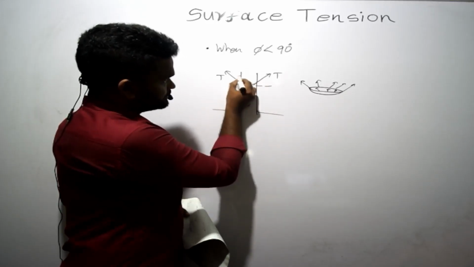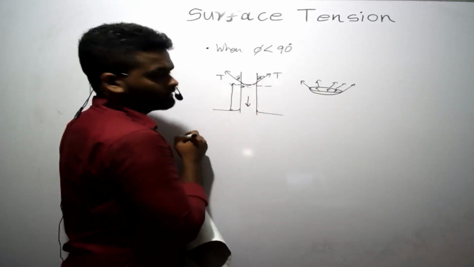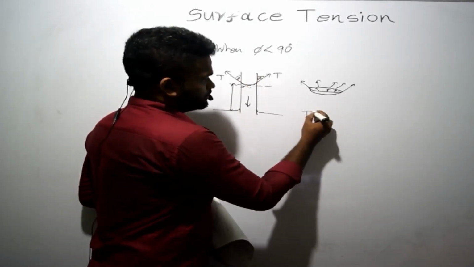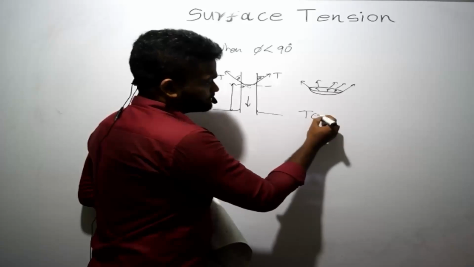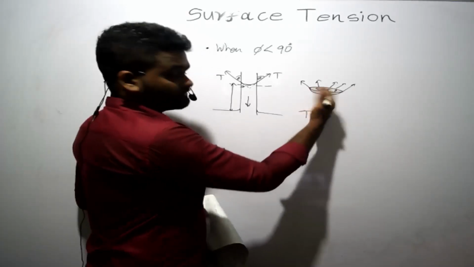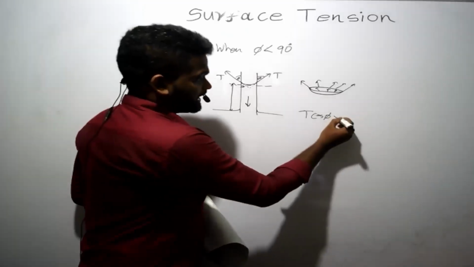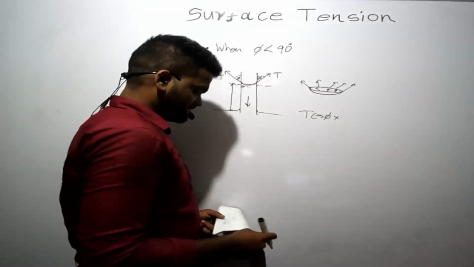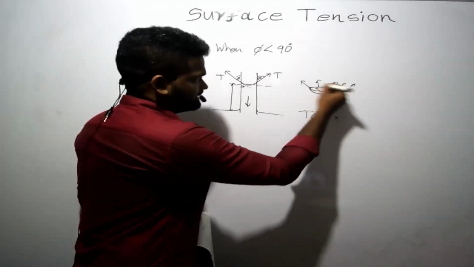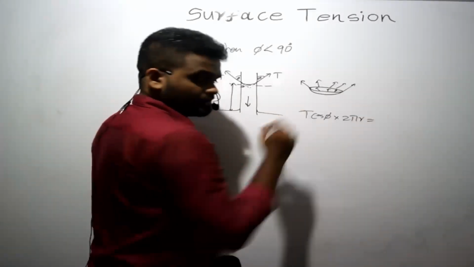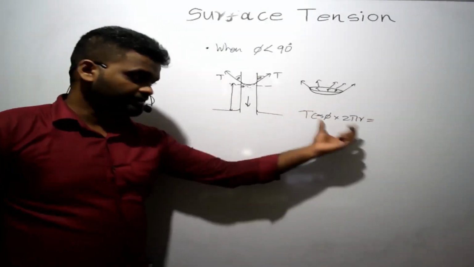So this angle also should be phi. So what do we have here? T cos phi. Those are the vertical components of surface tension. T cos phi times length. What's the length? It is 2 pi r, right?